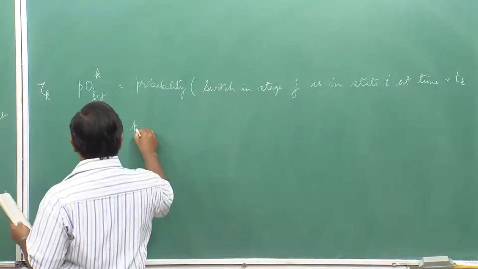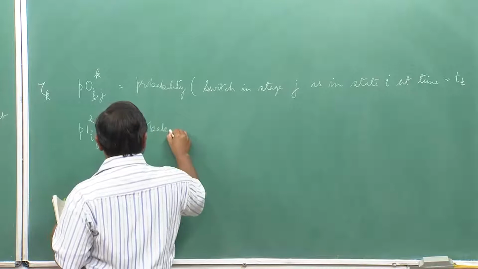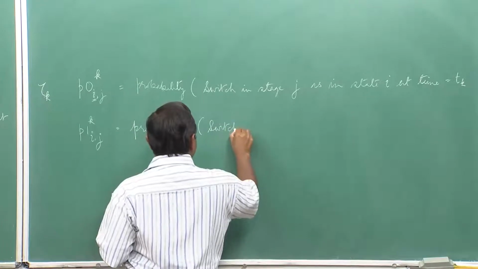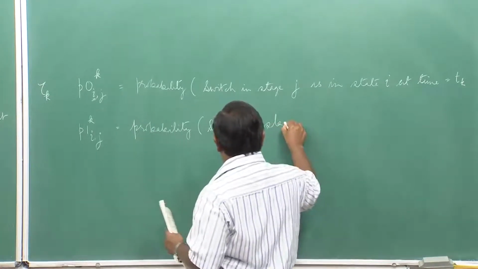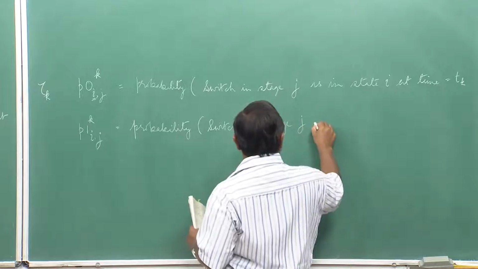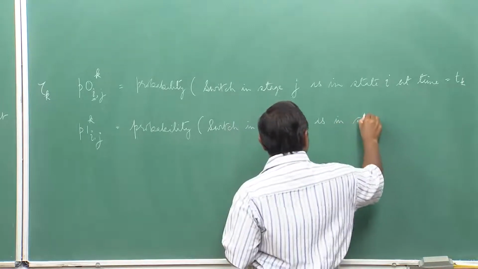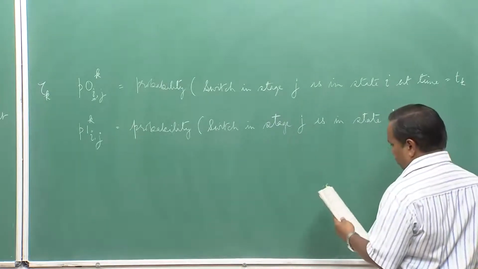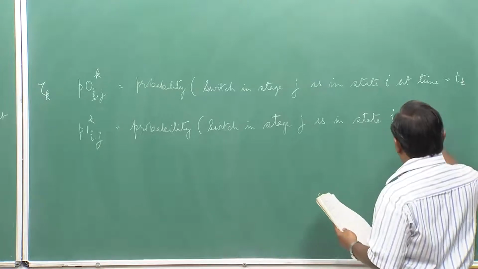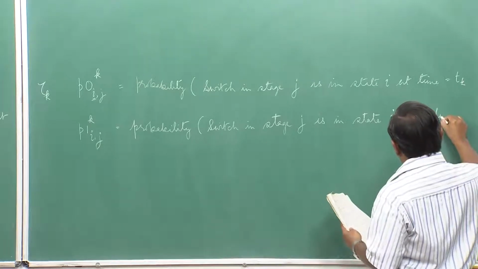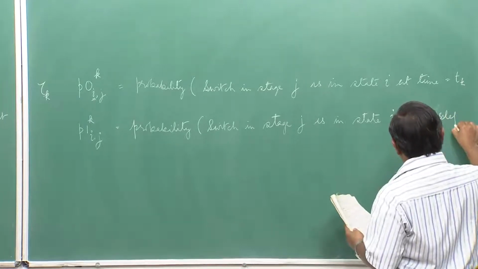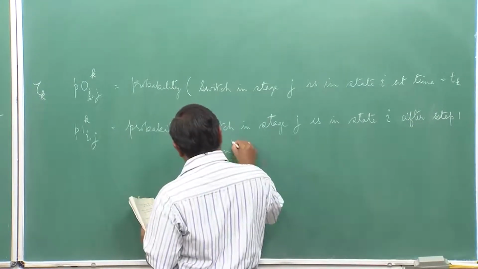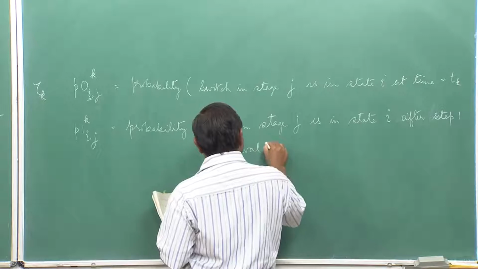This will be written as the probability that a switch in stage j is in state I after step 1 in interval tau k.